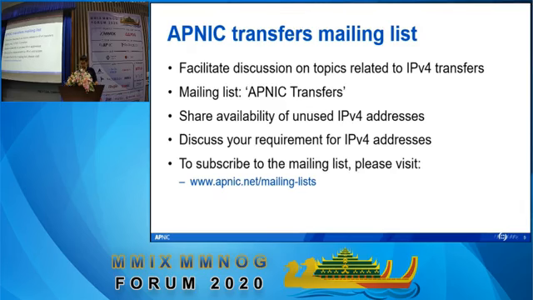On the mailing list, as a source account, if you have additional IPv4 addresses, you can say, hey, I'm such and such company, I have this much IPv4 address, and I'm willing to transfer them away. So anyone who needs more IP addresses can then reply to you on the mailing list and say that I'm this company and I need this much IPv4 address.